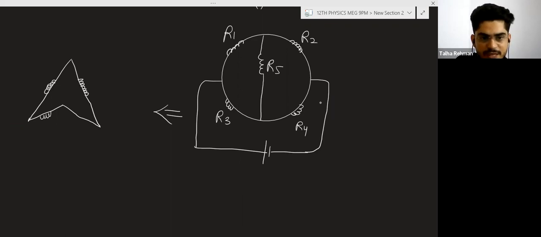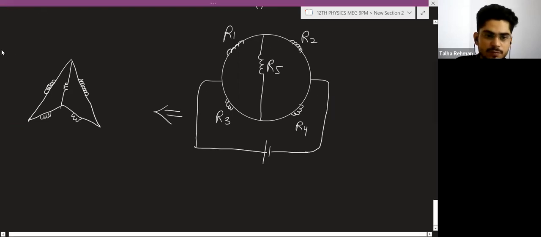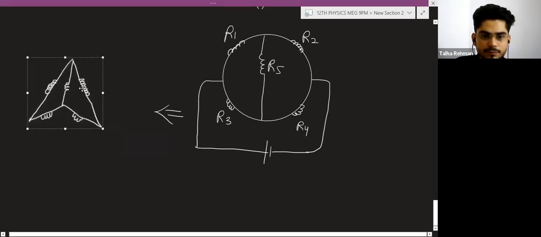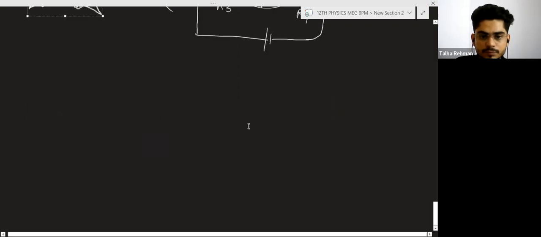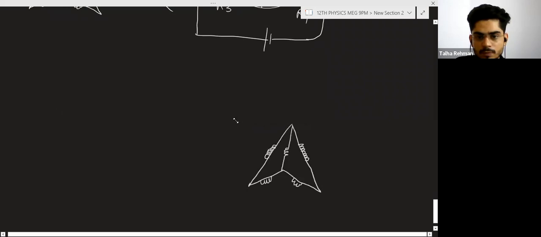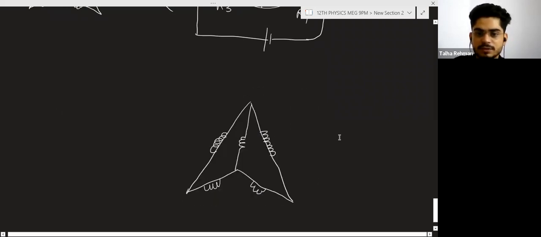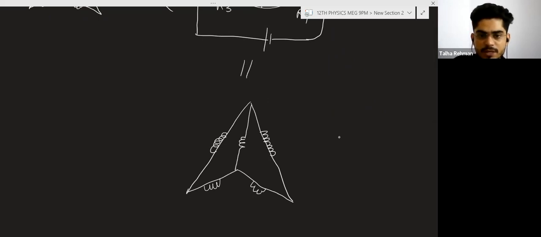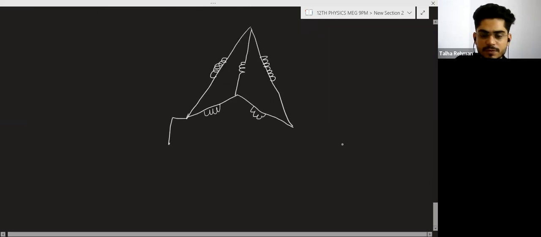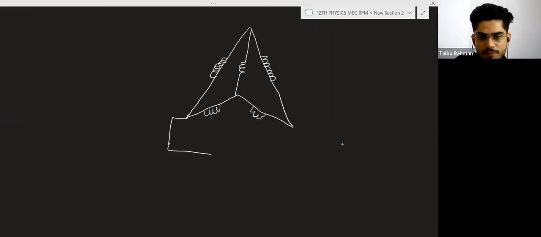Suppose two resistances are connected here and two are connected here and one is here. If this type of combination is there, and suppose the battery is connected from here, from this point.